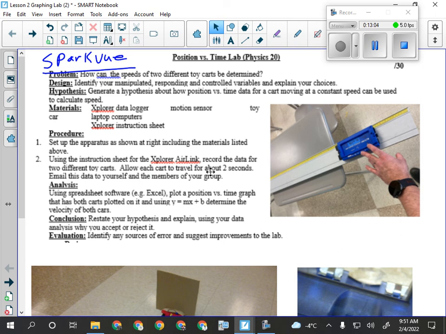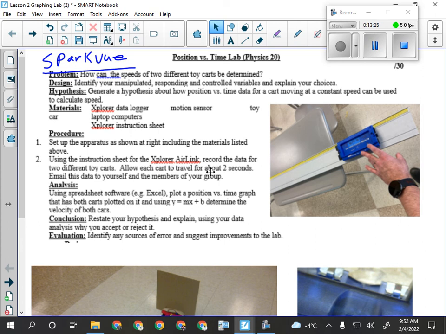Remember I said this is going to be exactly what you're going to do in your analysis. So it's a pretty straightforward lab. We're just going to be recording position and time, plotting a position versus time graph, and doing some analysis. But just a reminder here, lab report format, kind of what my expectations will be for you.